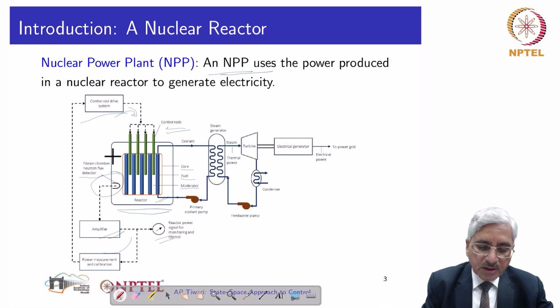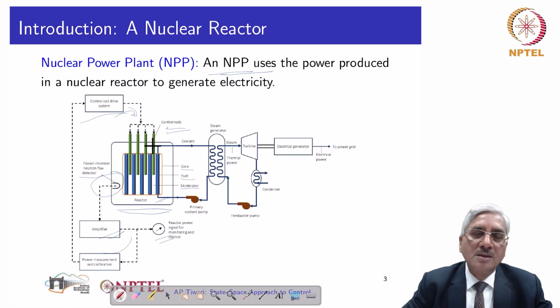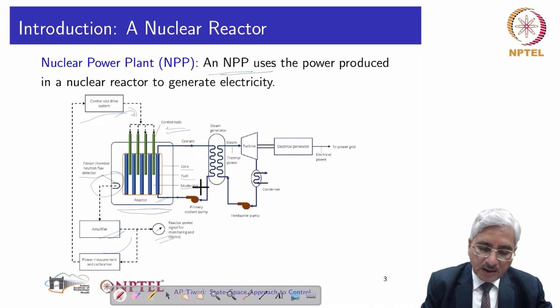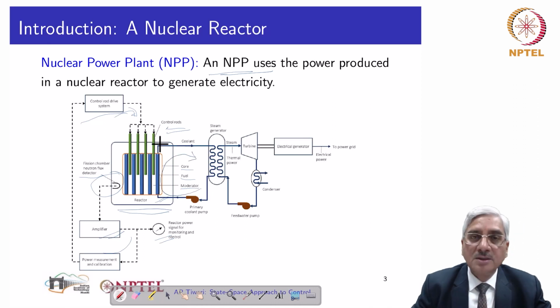The heat produced in the core, that 200 million electron volts generated in each fission, and there are 10 to the power 9 or even higher number of fissions taking place per second in the reactor. That much energy is conveyed by an appropriate coolant, which is pumped through the core.